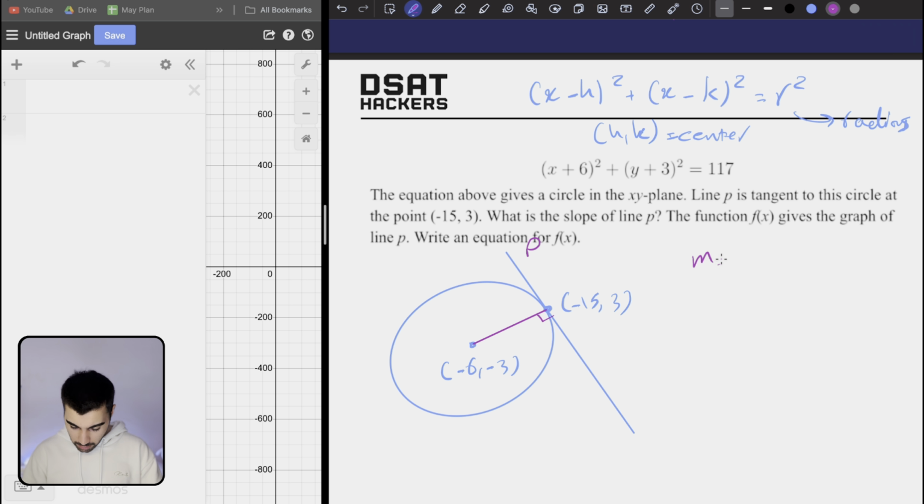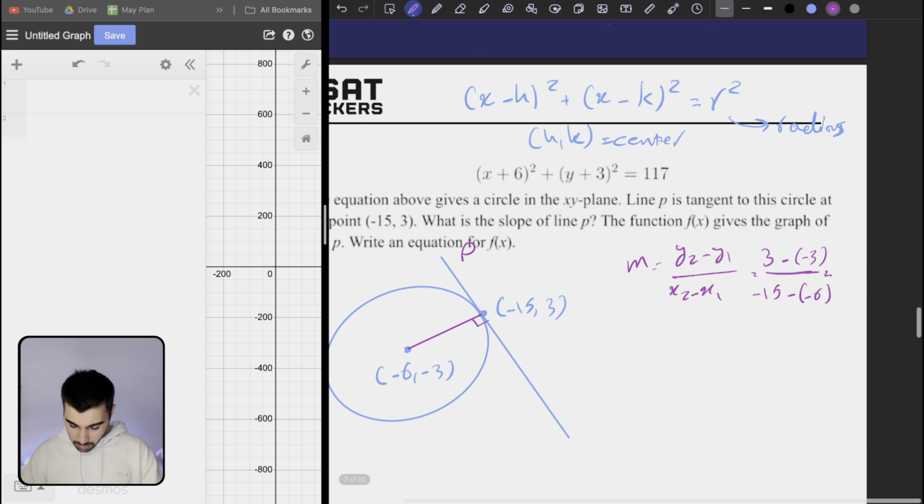So the slope of the line is y2 minus y1 over x2 minus x1. That is going to be 3 minus -3 over -15 minus -6.